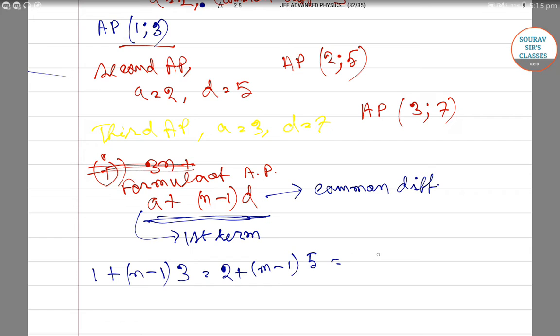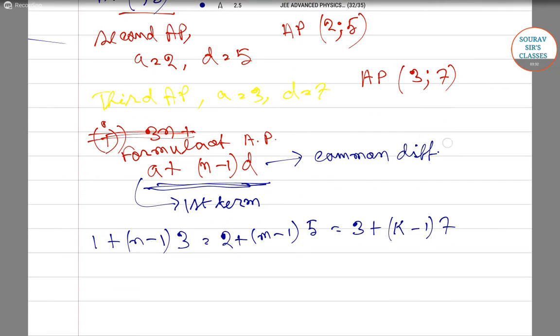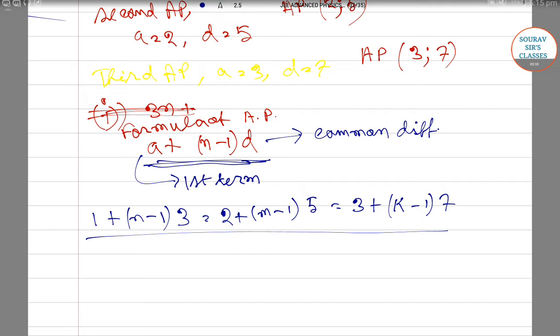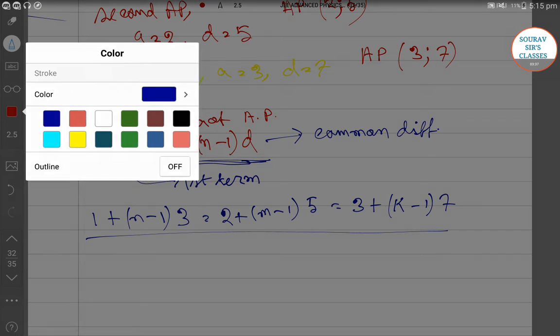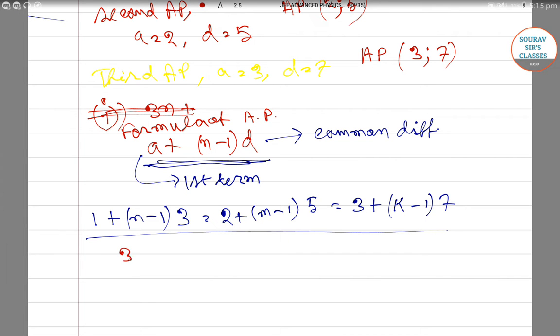For the third AP, the first term is 3 and the common difference is 7, and if the nth term is written as k, it is 3 plus (k minus 1) into 7. So from these equations we can write (3n plus 1) divided by 5 equals m, and (3n plus 2) divided by 7 equals k.